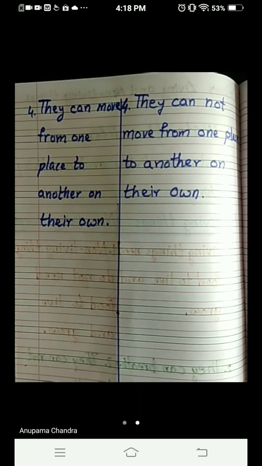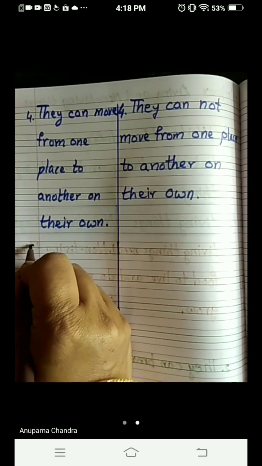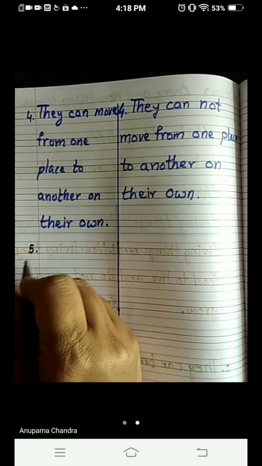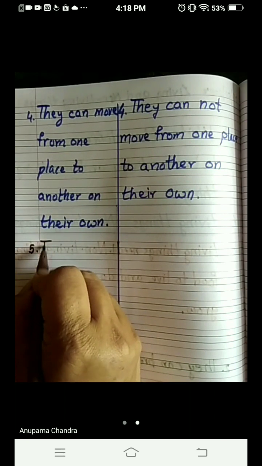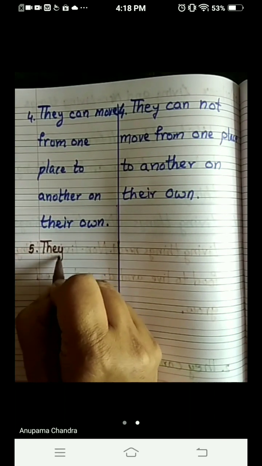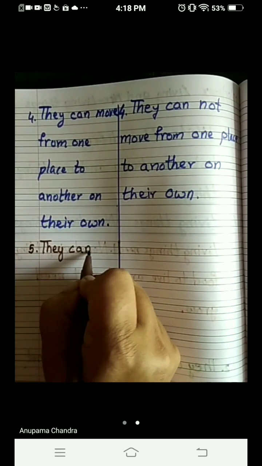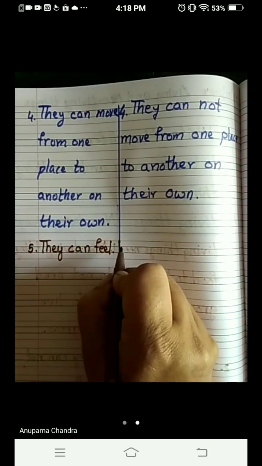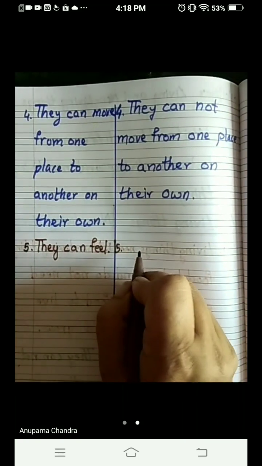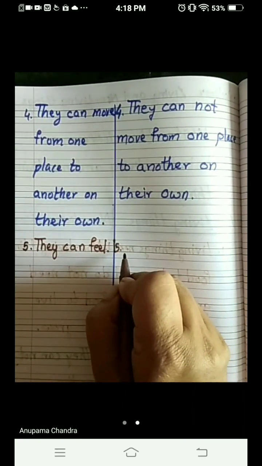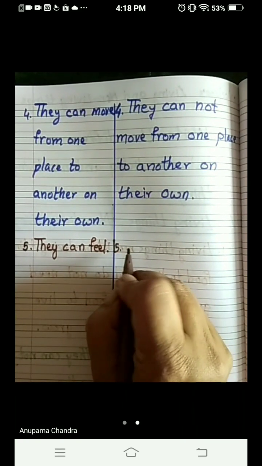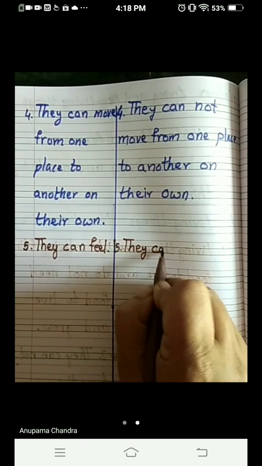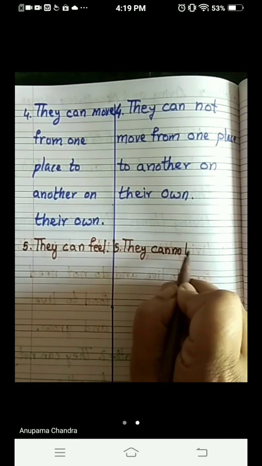Okay. Come to number 5. For living things, they can feel. You and I can feel because we are living things. For non-living things, they cannot feel.